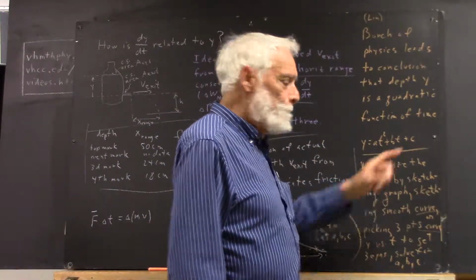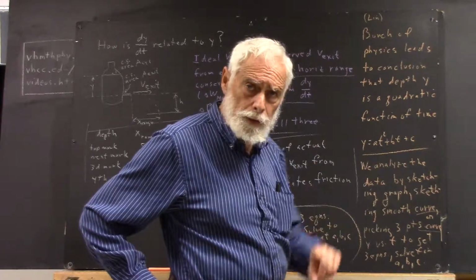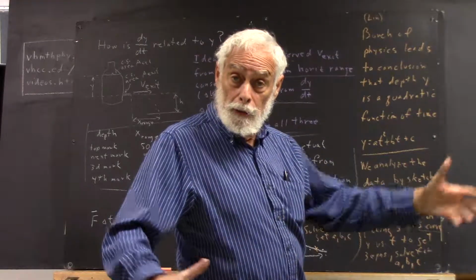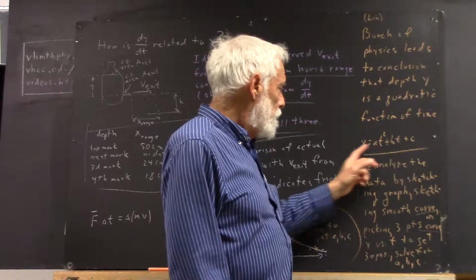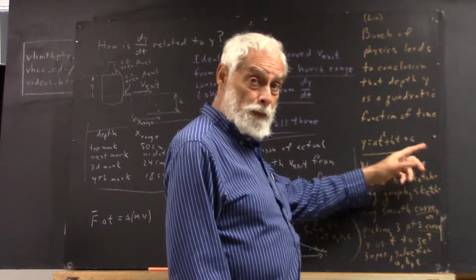We're not there yet. So where we are now, and what I've asked you to do so far, is simply pick 3 data points, and everybody picked 3 different data points because you've got 5 to pick from, and calculate the values of A, B, and C. And that's very easy.